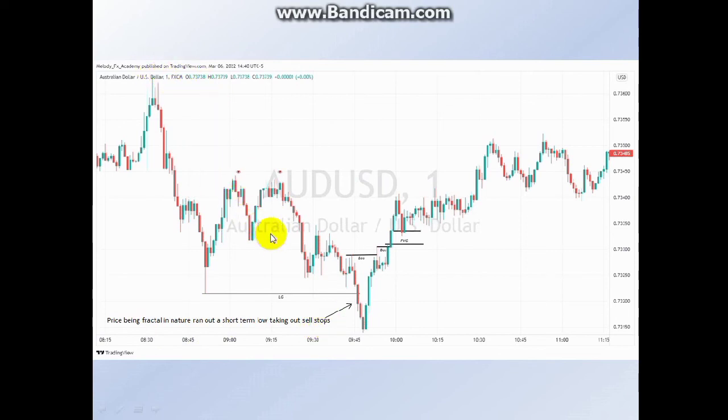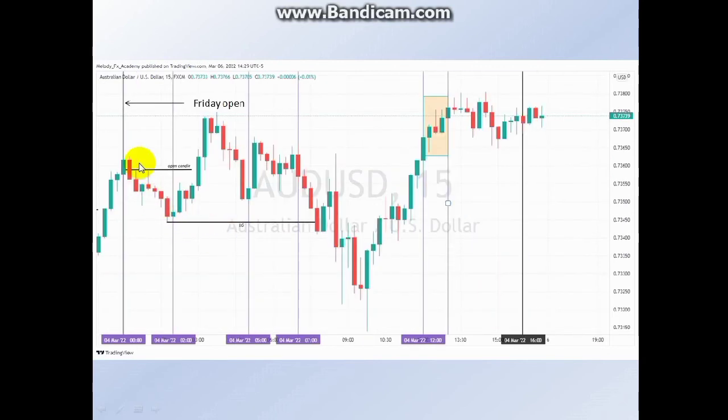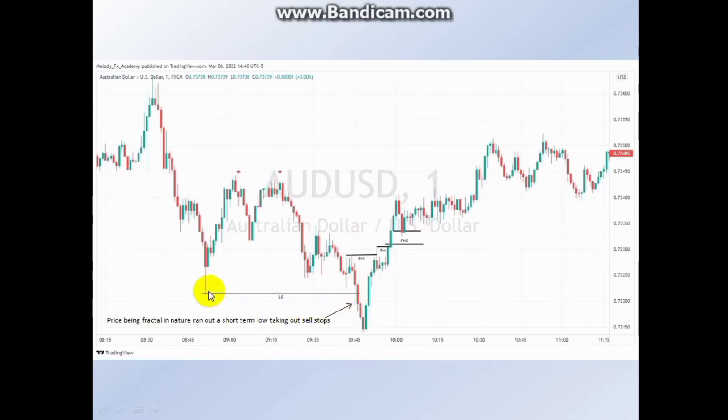Same scenario we saw on the 15-minute time frame, price taking out an old low, is the same scenario we are getting here on the 1 minute time frame. This is because price is fractal. What happens on the higher time frame tends to repeat itself on the lower time frame, and we can see this short-term old support level being taken out here.